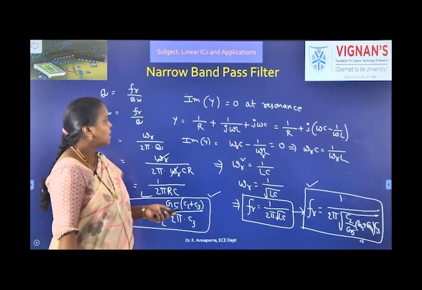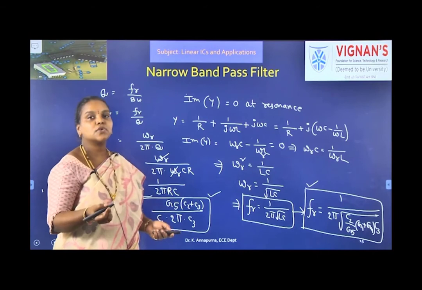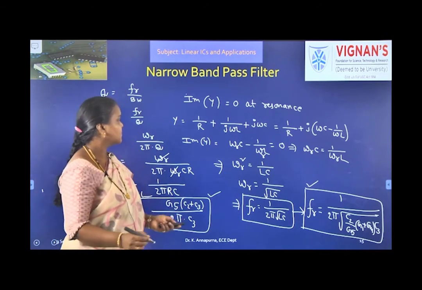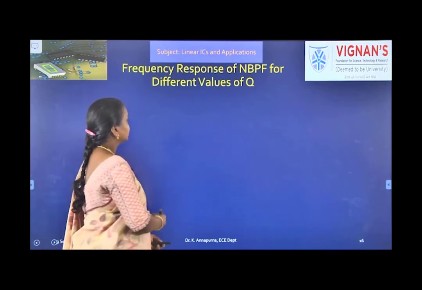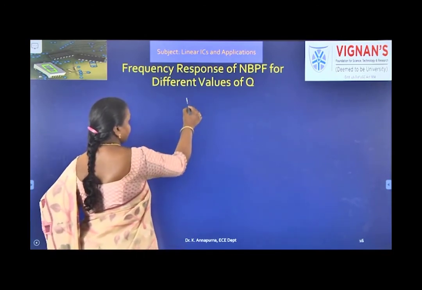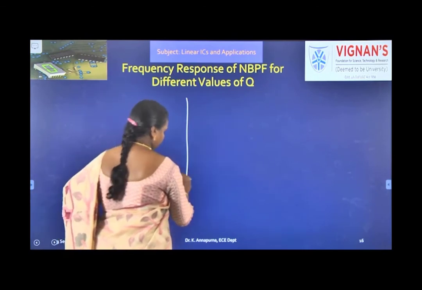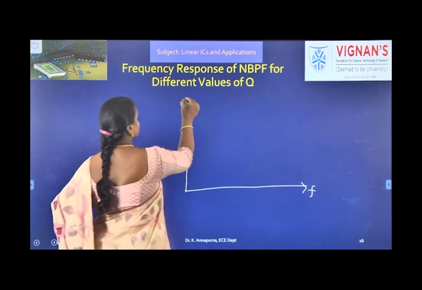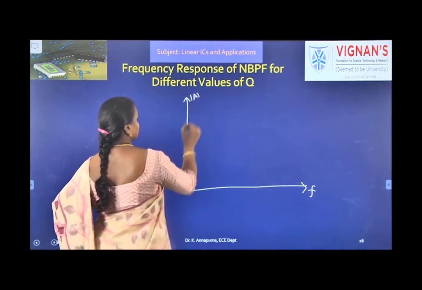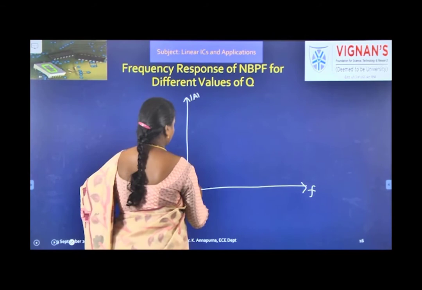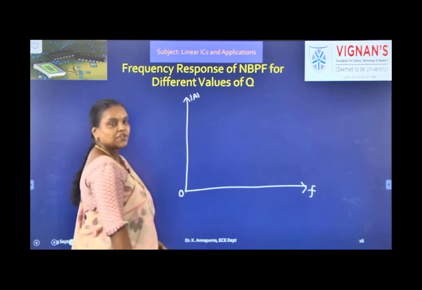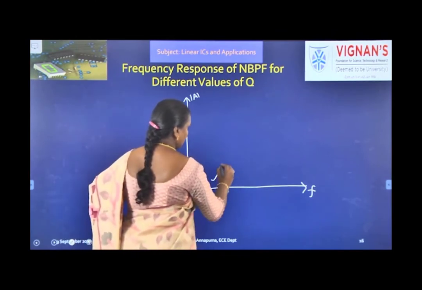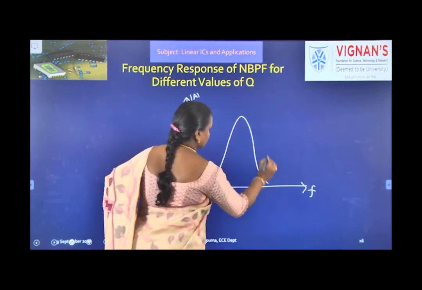Okay. And next, for various values of Q, let us see how the narrow band pass filter frequency responds. Suppose if I take Q value is 10, then the frequency response may be like this.